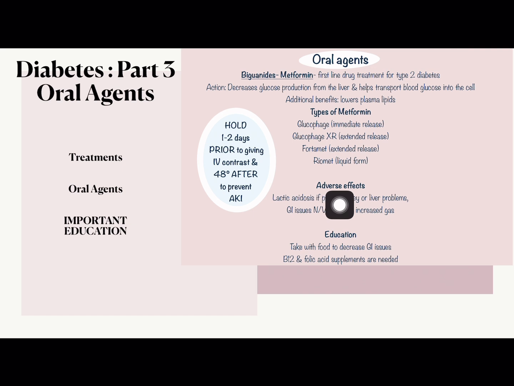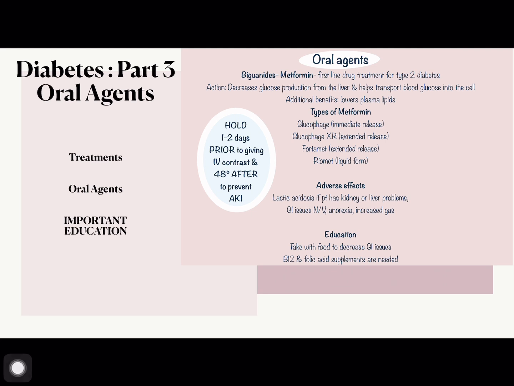Now, some really important things to know about metformin are the adverse side effects. One of the things we talked about is that it can cause some kidney or liver problems, and it can produce lactic acidosis. So these people typically yearly have a CMP or a BMP run, so they can check to make sure that their kidney functions are fine, and they may have LFTs also checked.